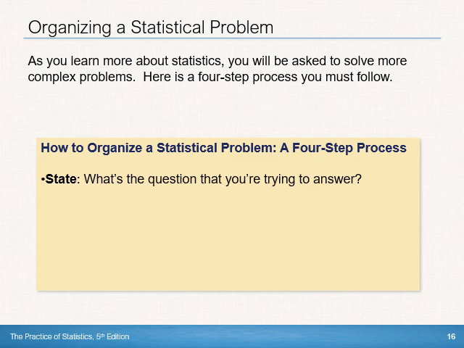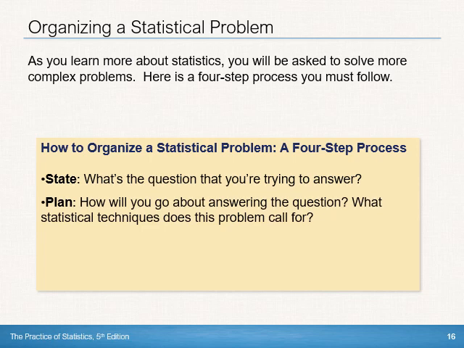So the first step is the state. You basically are restating the question that you're trying to answer. Plan, you're going to talk about what process you're going to use to try to answer the problem. So what statistical techniques are you going to use to try to solve that problem?